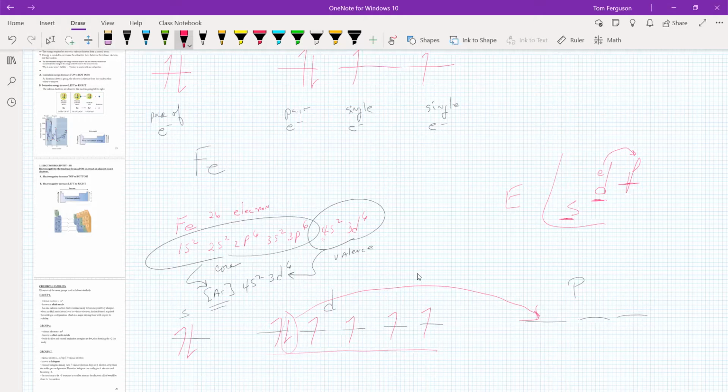Right now, it's a little lopsided because we have one here that's doubled up. In fact, on Wednesday, when we get into ions, the one that's going to leave is this guy here. So we'll end up forming a ferrous cation. That's for Wednesday.